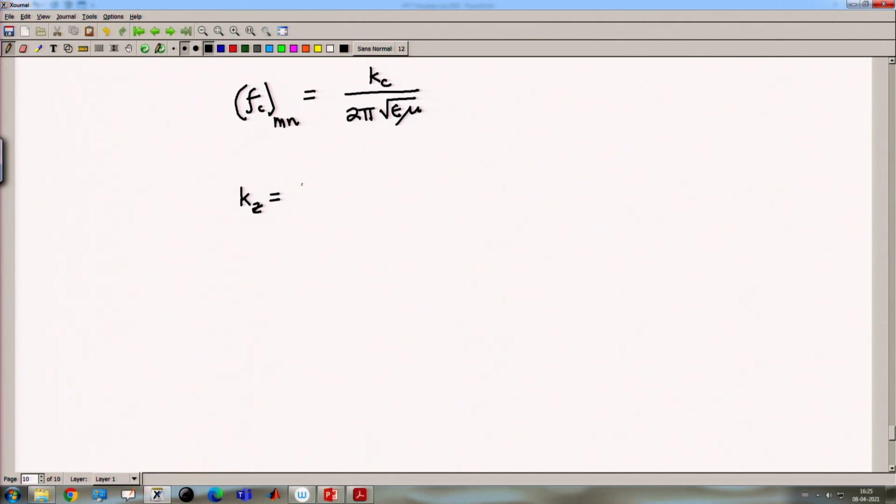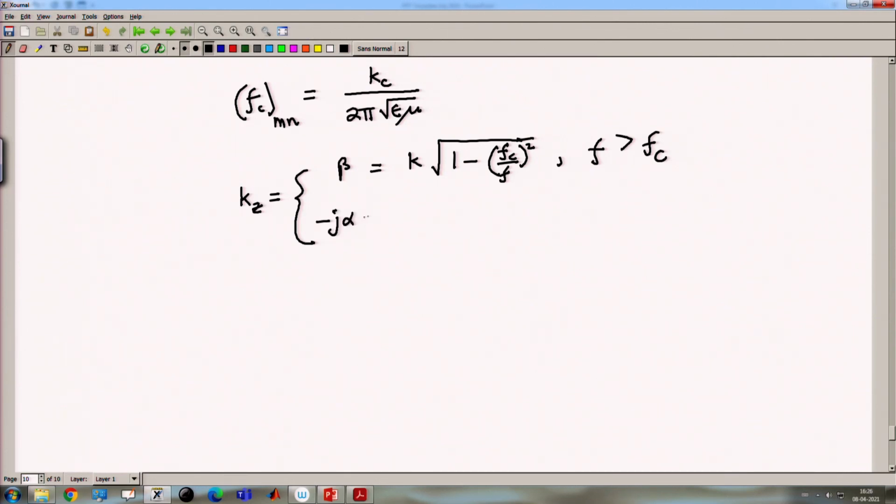K z is given by beta, that is k root of 1 minus f c by f whole square for f greater than f c, where f c is the cutoff frequency, and k z is given by minus j alpha, that is equal to k root of 1 minus f by f c whole square for f less than f c.